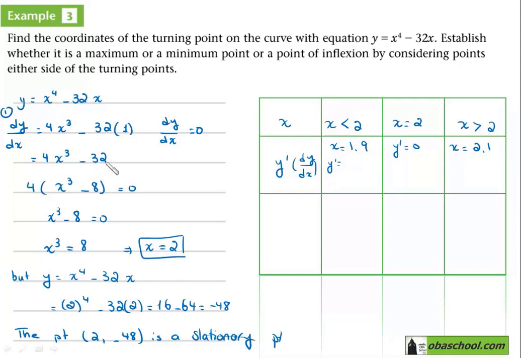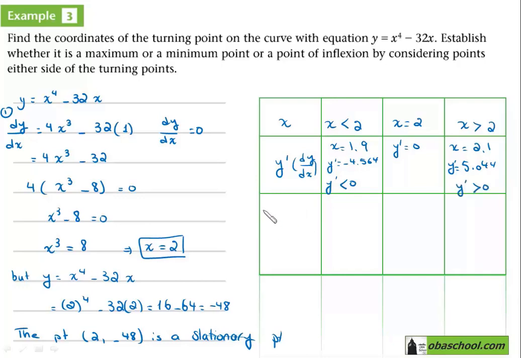Here the answer is minus 4.564. So here y prime is negative. In the case of 2.1, we also substitute, and y prime is 5.044. So here it is positive.